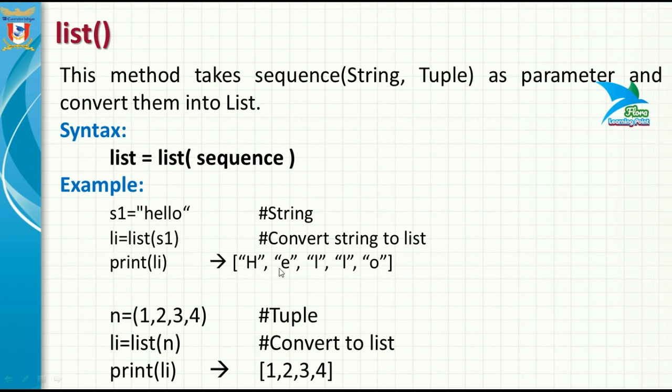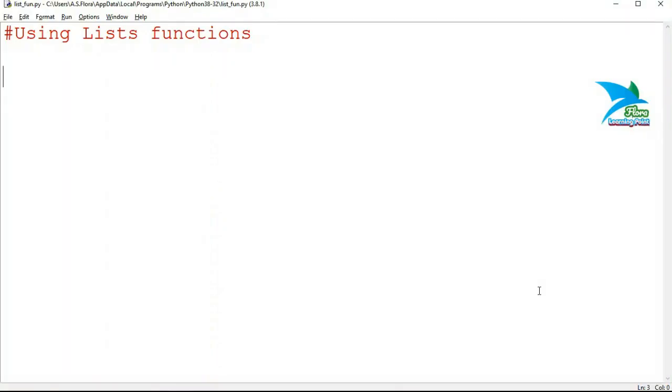So when you print the elements of this list, all the characters will be displayed as the list elements. Next we have a tuple example. We can create a tuple by using round brackets, and these are the elements of the tuple. We'll discuss tuples in the next lectures also. When you pass the name of the tuple inside the list function, it will convert the tuple into a list, and here we have the elements of the list.